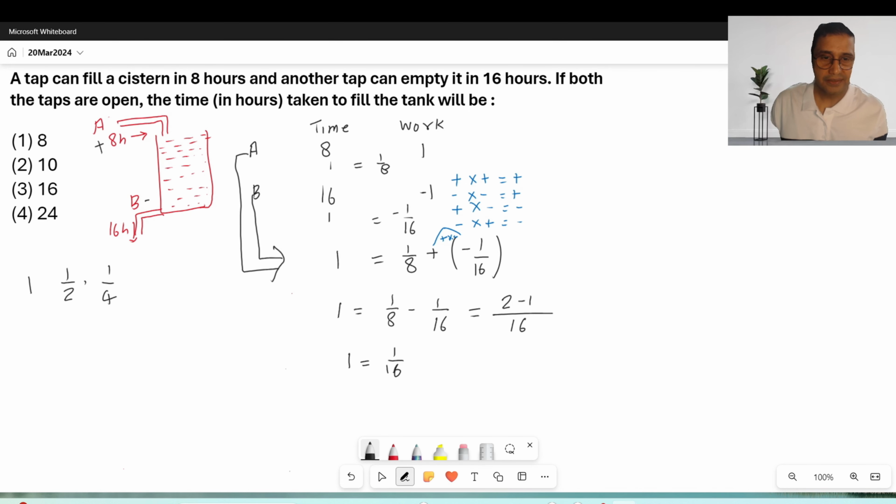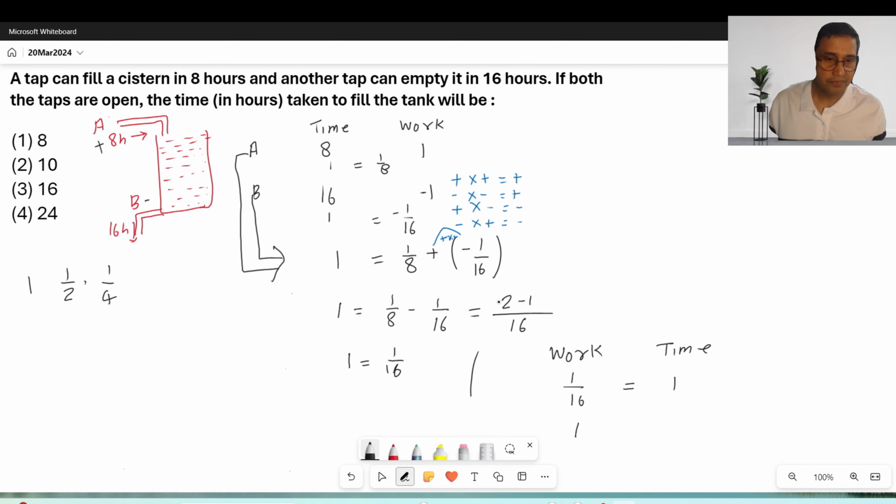To make it simple, let us say work is represented on the right side and time on the left side. So 1 by 16 work is completed in 1 hour by both A and B. You know how to solve the fraction? When the denominator moves to the other side of the equal sign, it becomes the numerator.